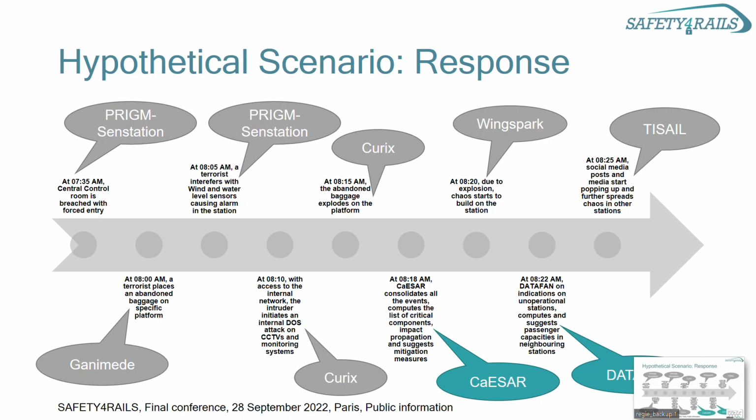And now you will see 2 more tools where we step back time-wise 7 minutes to 8:18 a.m., which brings you further capabilities with our tool CSAR in the Safety for Rails information system. So at 8:18 a.m., CSAR consolidates all the events, computes the list of critical components, impact propagation, and suggests mitigation measures. And as before, this tool also is connected into our distributed messaging system.